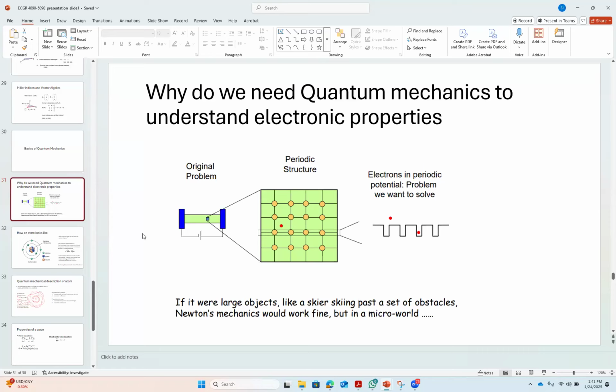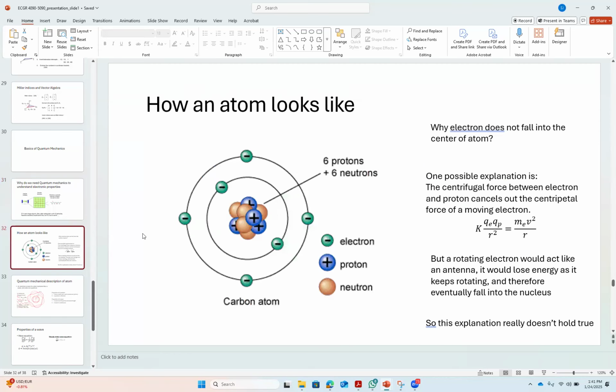So this is why we need to understand how we can explain electron propagation and currents in a very small device. And for small stuff, quantum mechanics is the way to go.